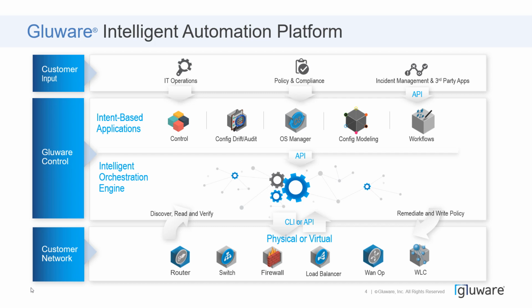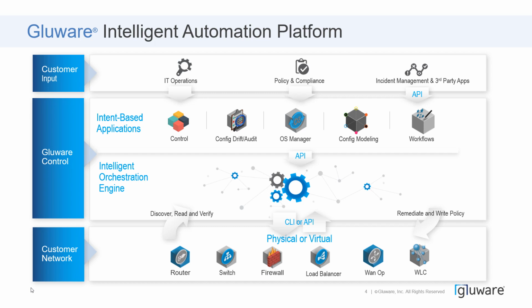So now moving up towards our intent-based application layer, I'm going to run through each of these separately, but just know that this is the application layer where Gluware provides more of a turnkey pre-built capability so users don't have to build it themselves. Gluware is built for network engineers and network operators to get started very quickly automating lifecycle tasks for your network. So Gluware Control is the primary platform that has the integrated device manager we'll talk about.